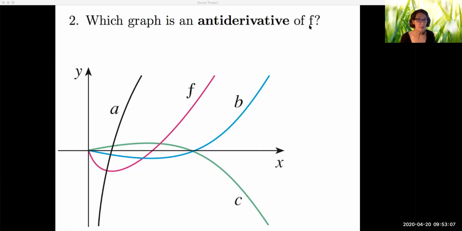So your job is to decide which of the three graphs, A, B, or C, is the antiderivative of the function f. So f is the derivative of one of those three functions, and you have to figure out which one.